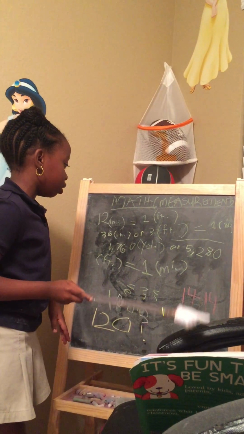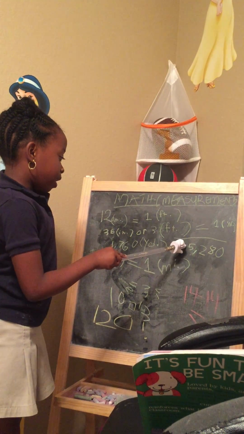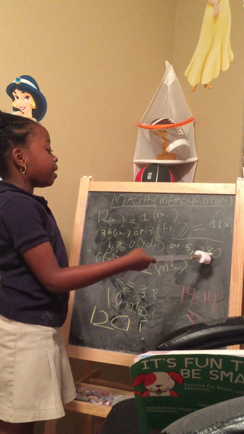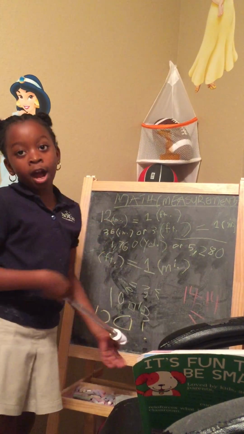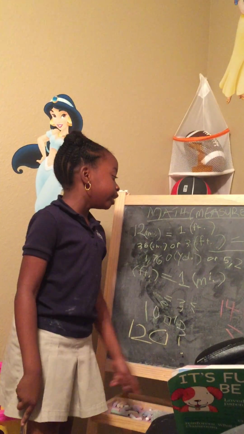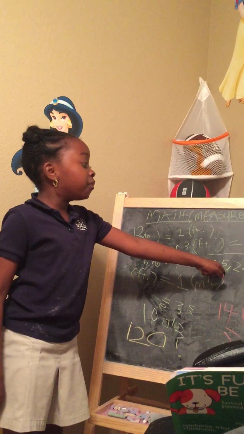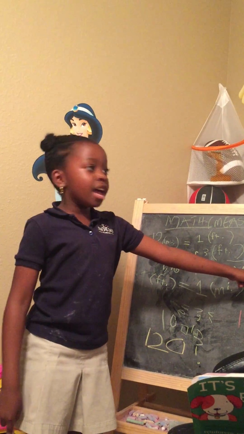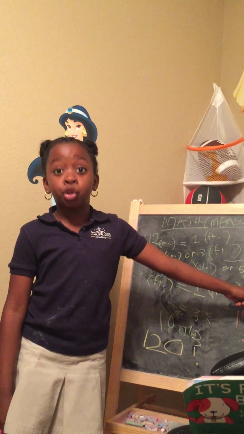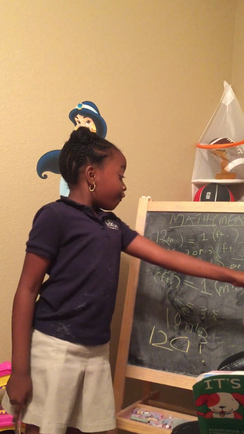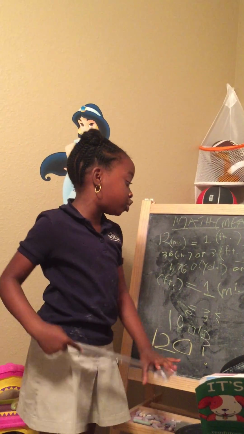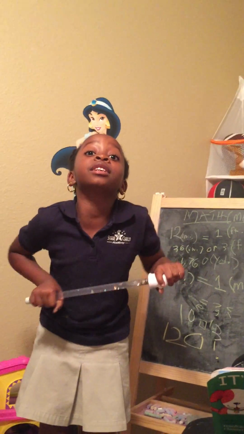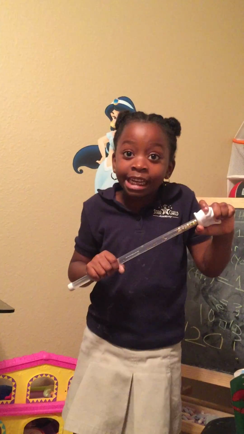So we already know 5,280 feet are in 1 mile, which would mean we would have to do 5,280 times 2, or 5,280 plus 5,280.